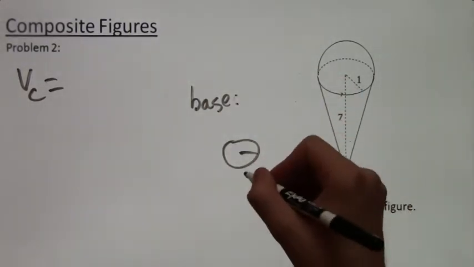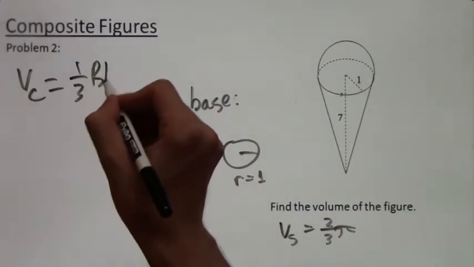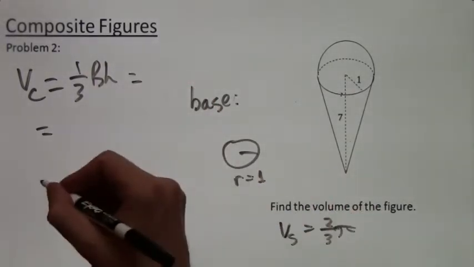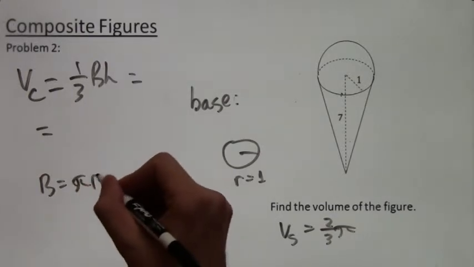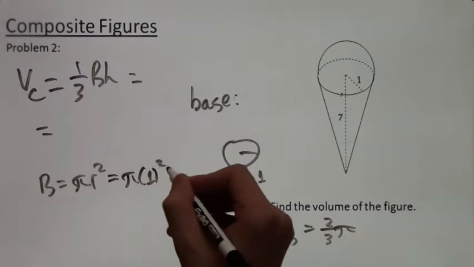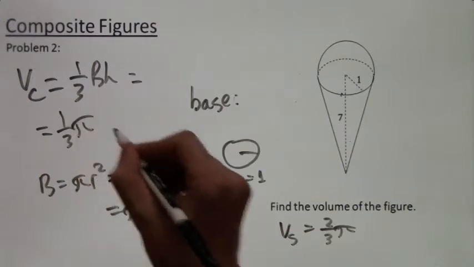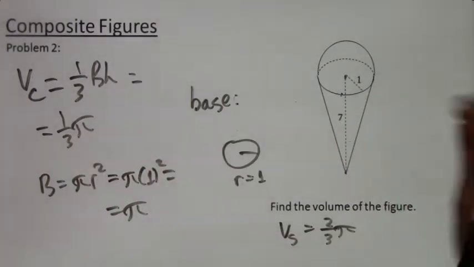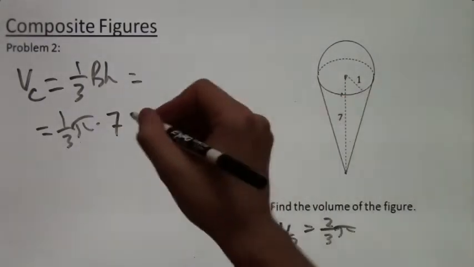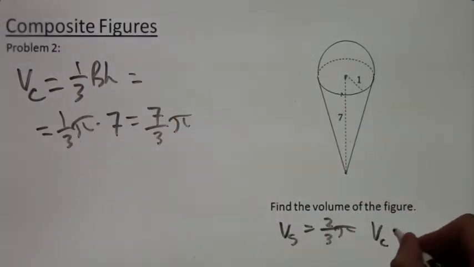And the base is just the circle of radius 1. So calculating its area is pretty easy. The volume of a cone, I remind you, is 1/3 base area times height. And the base area is pi r squared. R is 1, so we get pi times 1 squared, and 1 squared is 1, so we just get pi. So we have 1/3 pi. And then we multiply that by the height, and the height is 7. So we just get 7/3 pi. And that's the volume of the cone.